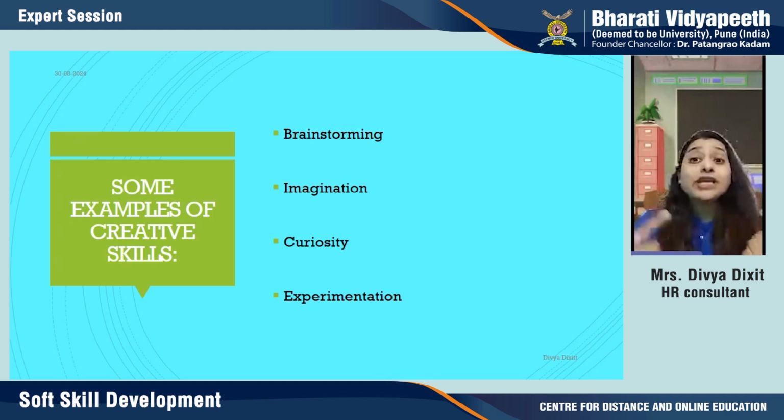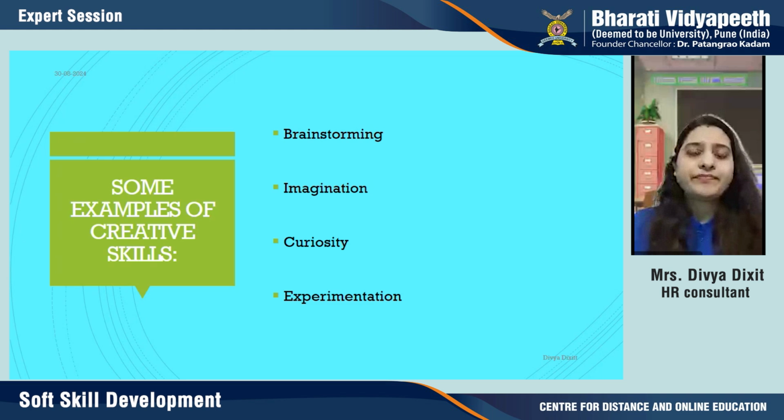So when I'm talking about all these skills, they should be learned as soon as possible, as fast as possible. Start developing them. Find out ways how you can do it. Curiosity, experimentation. You have to experiment with things.